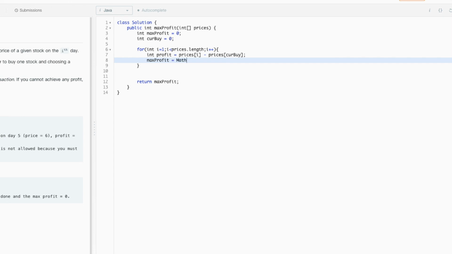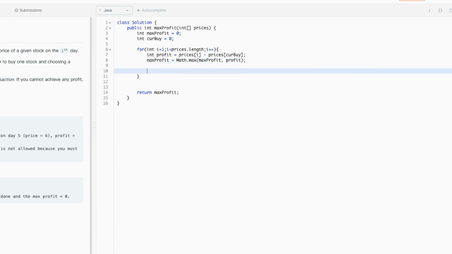We'll use Math.max to compare and update the max here, using max profit and the current profit. In the case that our profit is less than 0, we want to update our current buy to the ith index. What this does is enable us to buy at the lowest price while also keeping track of the previous profits via max profit.